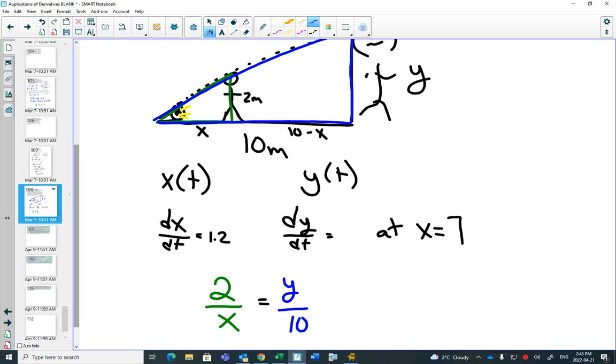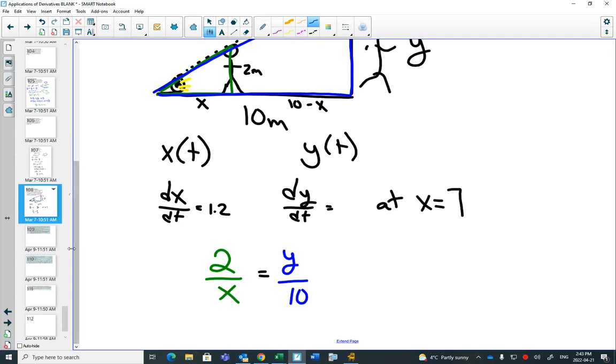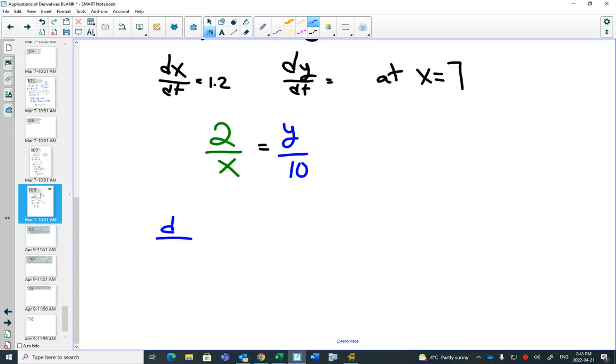You may want to play around with this before you take the derivative with respect to time. Personally, in this one, I would probably rewrite this. So I'm going to take the derivative with respect to time, but I'm going to write this side as 2x to the minus 1, and this side as 1/10 of y.